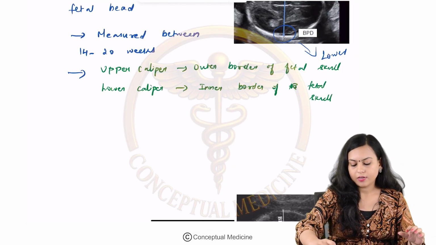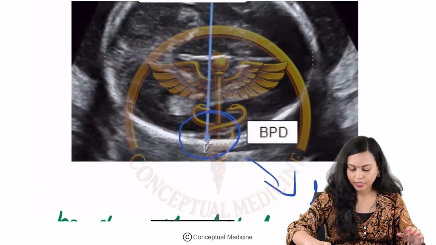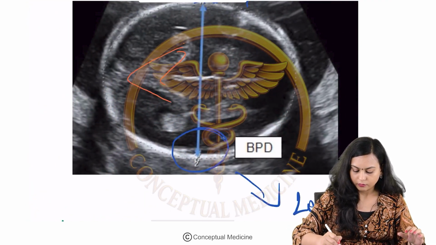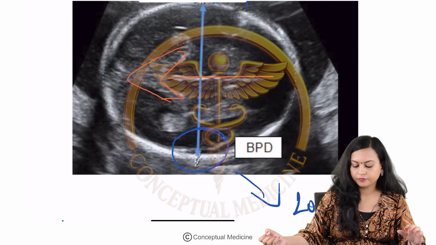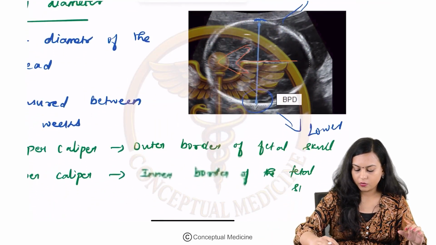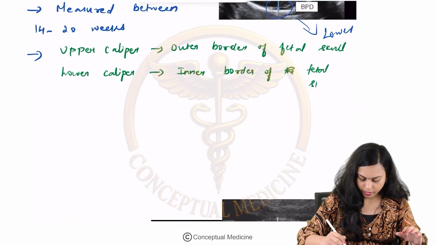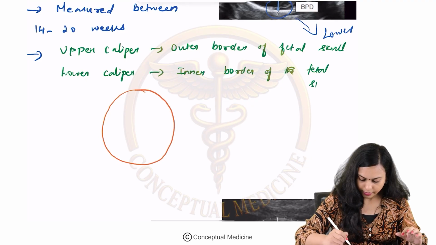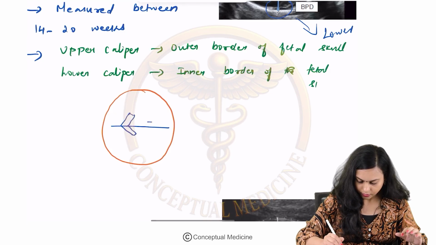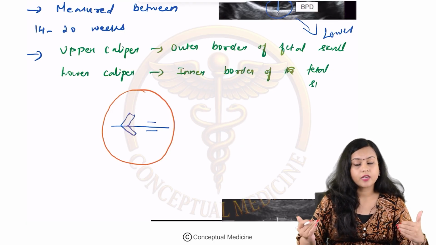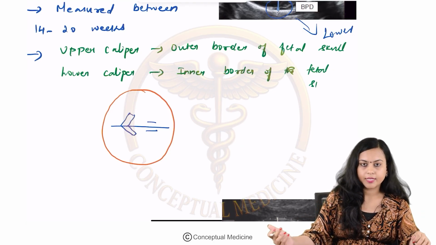Now as you see this picture, I hope you will be able to appreciate one arrow mark here, like this. While measuring a biparietal diameter, you will also be able to appreciate one arrow mark here like this. So this arrow mark should be seen while measuring a biparietal diameter as well as a head circumference.